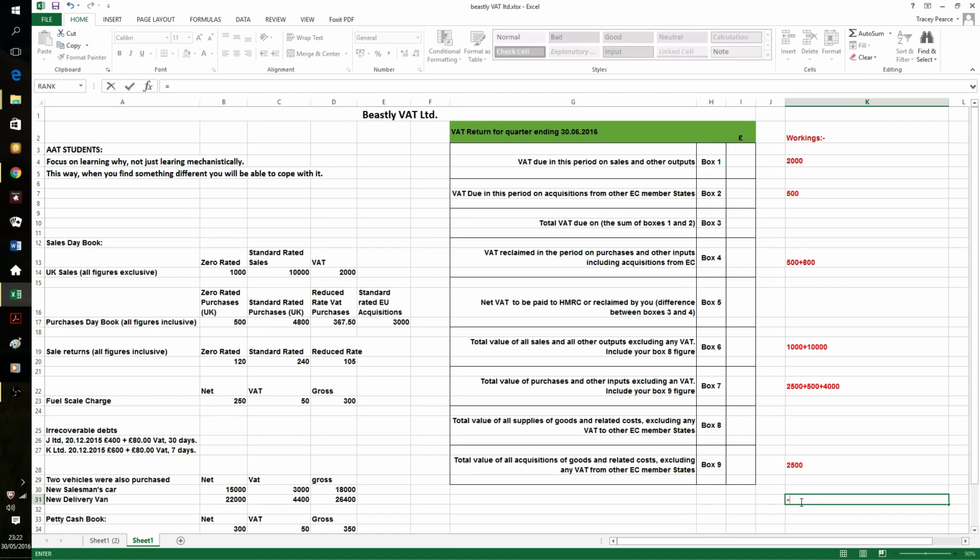I'm just going to do equals 367 divided by 21, £17.50 VAT, or I could have done divided by 105 times 100. That will give me the net. Convenient, obviously, because that added to that gives me my £367.50. So the £17.50 VAT on it is to be claimed back. Input VAT.